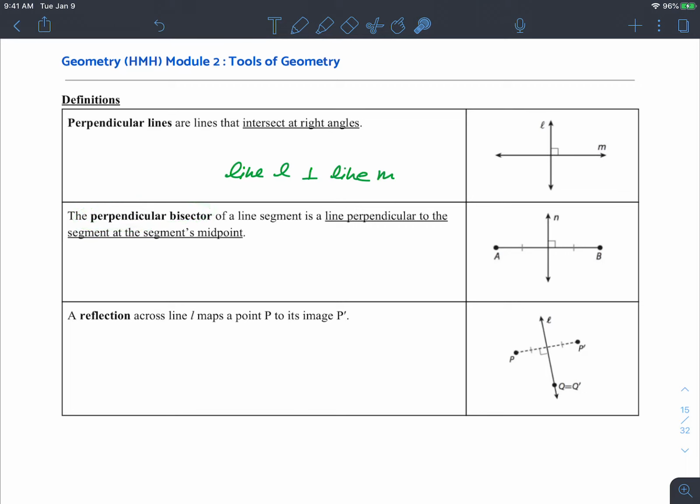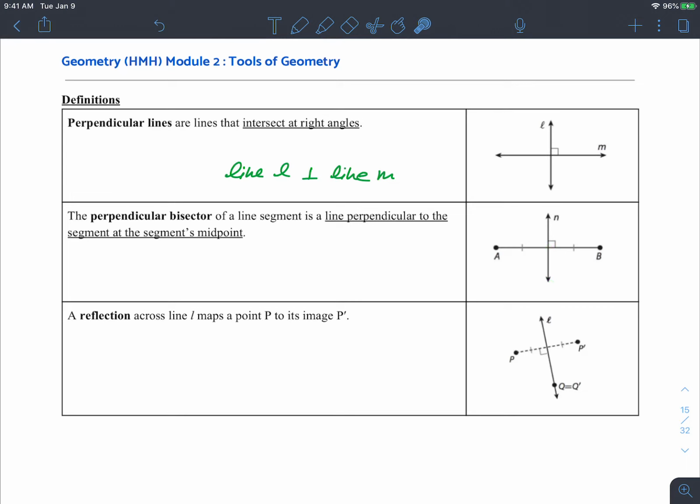Well, it's perpendicular. On top of that, this line N is dividing AB into 2 equal parts, right? So it says the line perpendicular to the segment at the segment's midpoint. That's a fancy way of saying that it's dividing the segment into 2 equal parts because it intersects at the segment's midpoint.